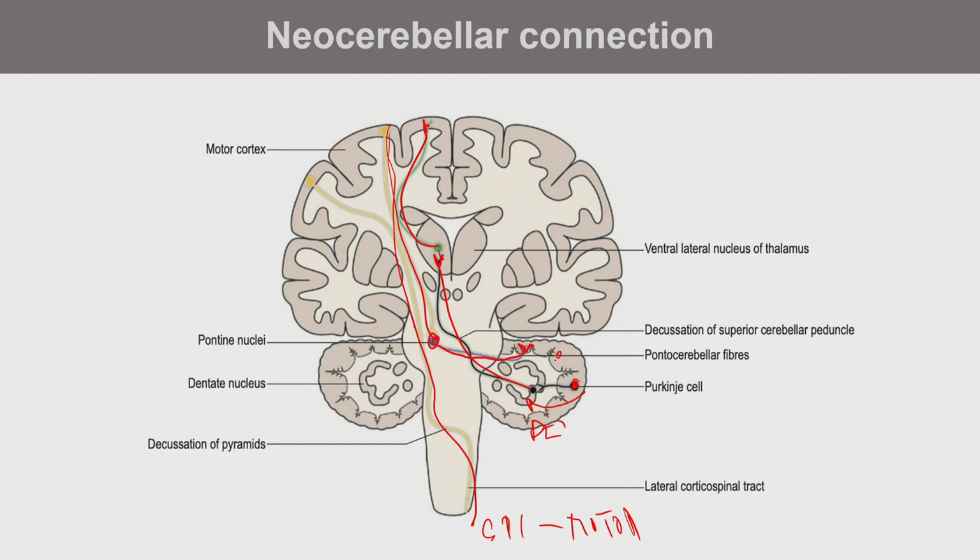And then the template is followed up, and Purkinje cells are modifying the activity of the dentate nucleus.